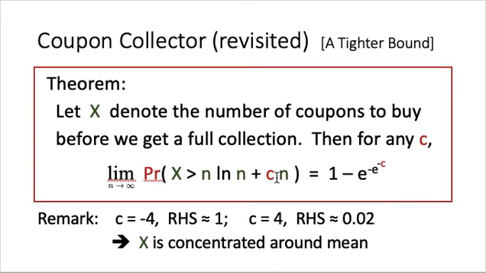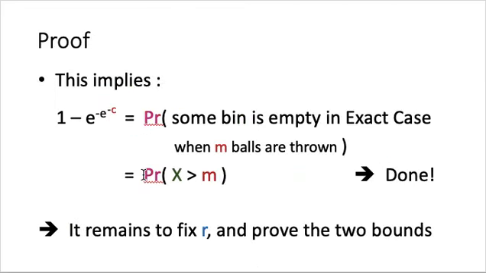The m value is this one. So the probability of X greater than m is equal to this one. So we have now just shown that. Is that okay? So we are now done, except that we have to show the two bounds based on this r to be correct. So we will leave this as the third part of this lecture.